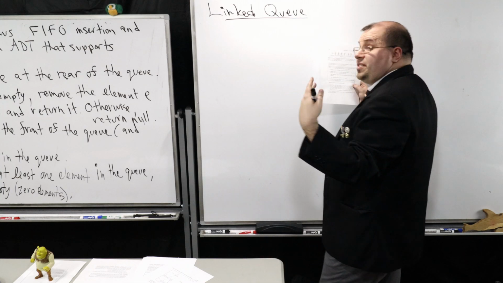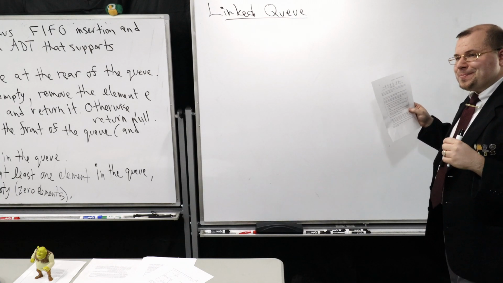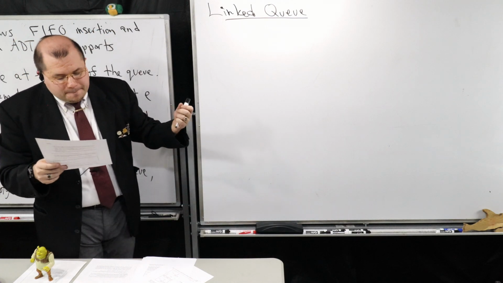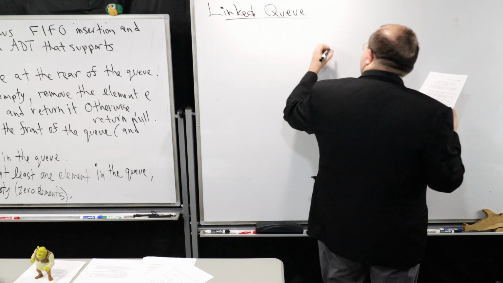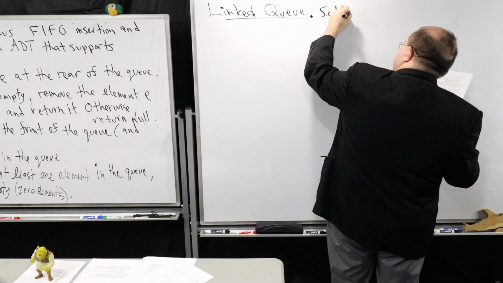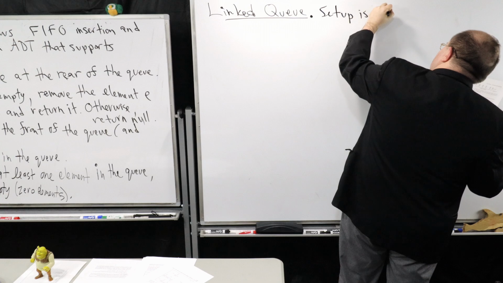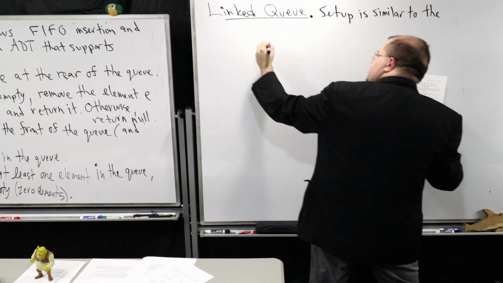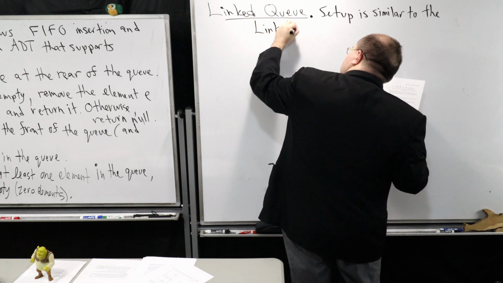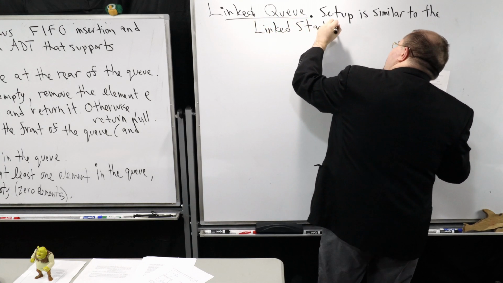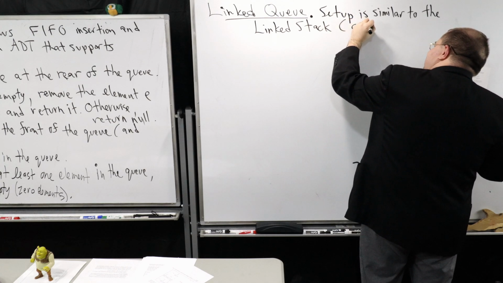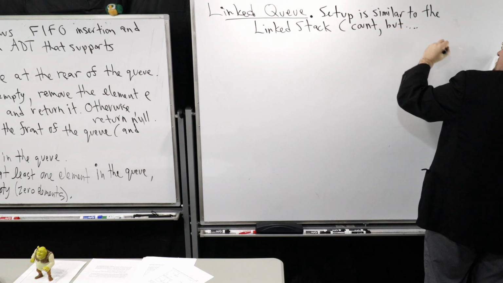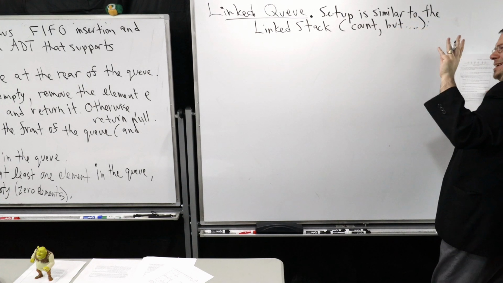This is one of several ways you can represent a queue. I'll tell you up front that the setup is similar to the linked stack. It has a counter, so it has count. But it's going to have something that's a little different.